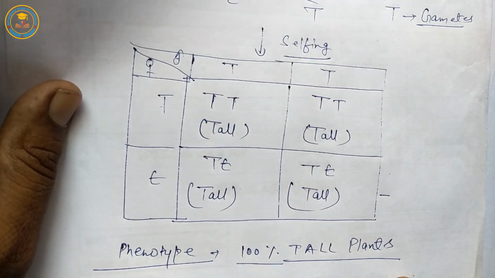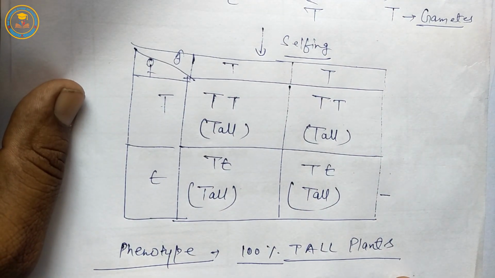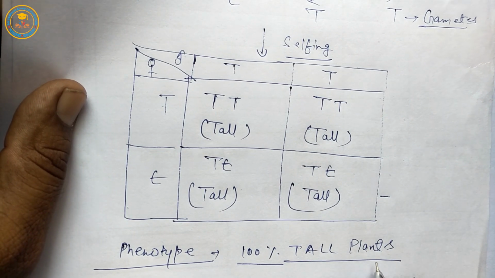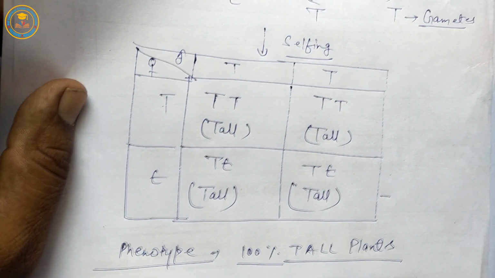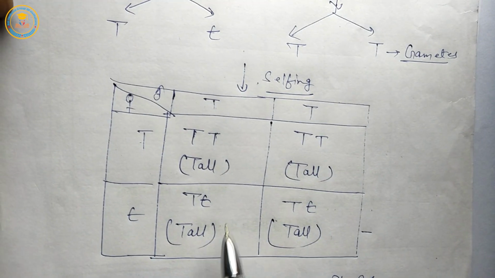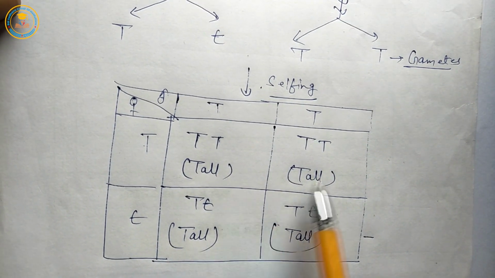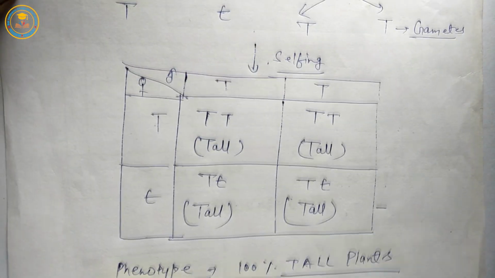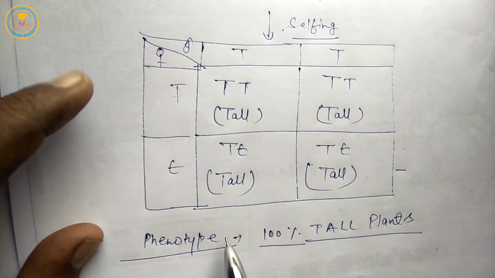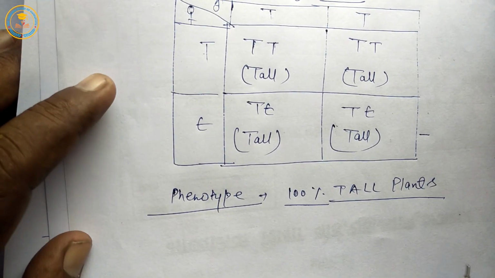Tall, it means first, second, third, fourth, all plants are tall. So phenotype is 100% tall plants.